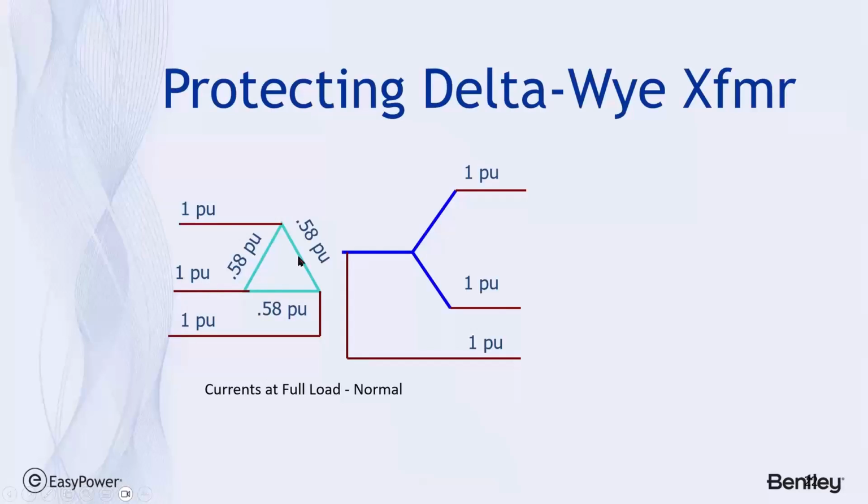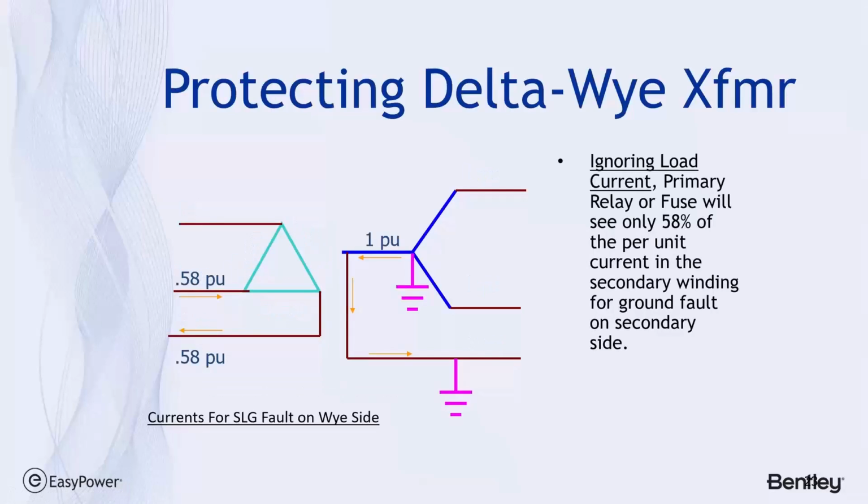So if I'm doing phase protection, and specifically this becomes a concern where a single line to ground fault exists, if I'm doing primary protection for a single line to ground fault felt on the secondary side, then I need to be setting my current trip point at 58% of that 100% damage reference point. So ignoring load current, the primary relay or fuse will only see 58% of the current in the secondary windings for a ground fault on the secondary side.